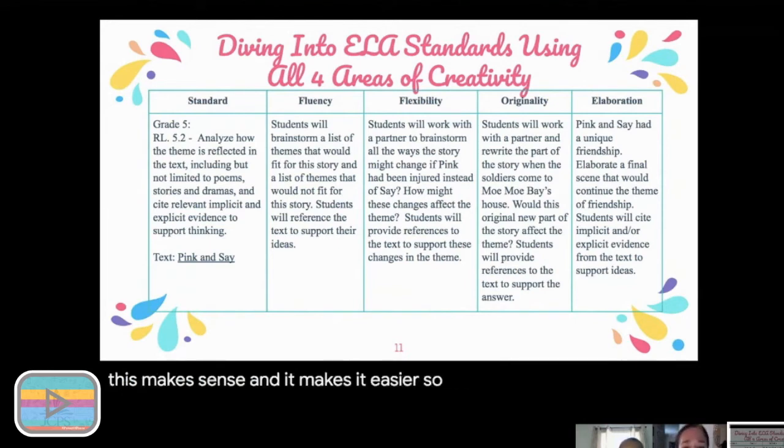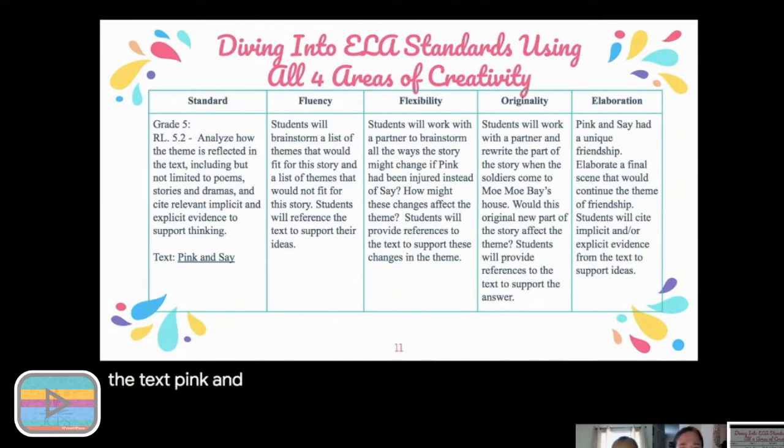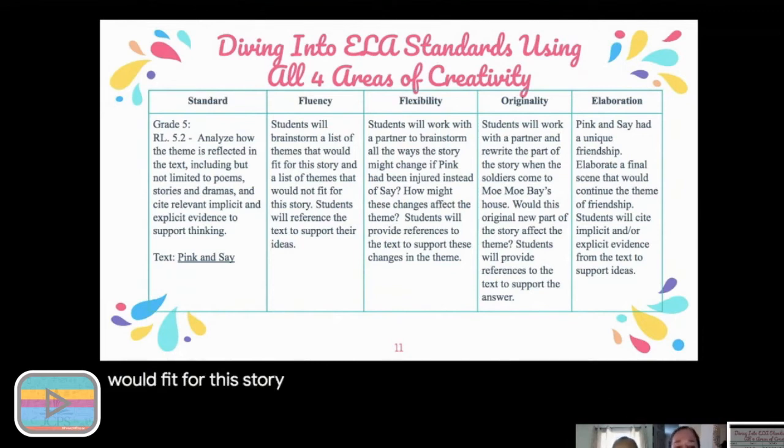So I have a fifth grade example, and I'm using the standard 5.2, which is theme. I used the text Pink and Say. And so in Fluency, students will brainstorm a list of themes that would fit for this story and a list of themes that would not fit for this story. So students will reference the text and support their ideas.